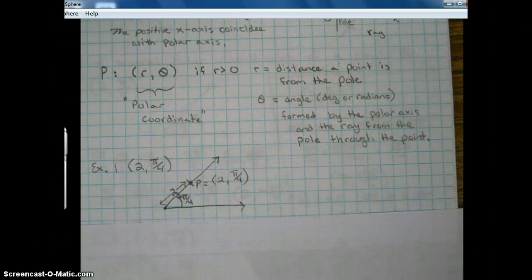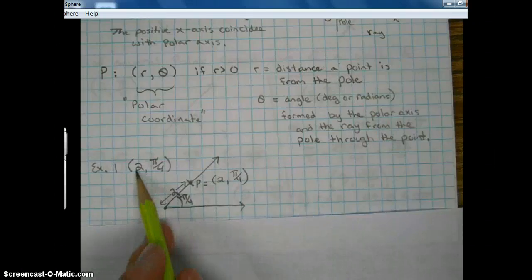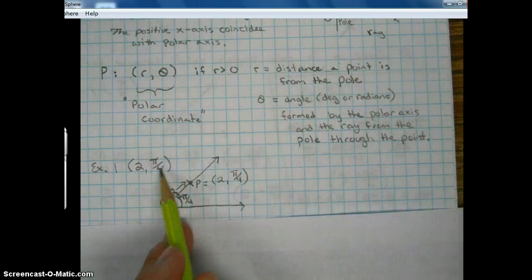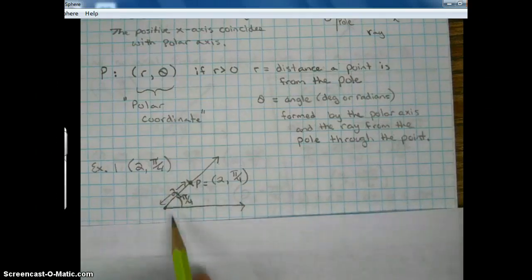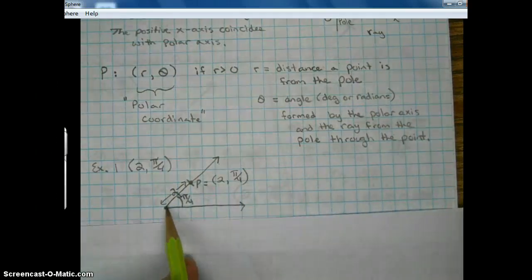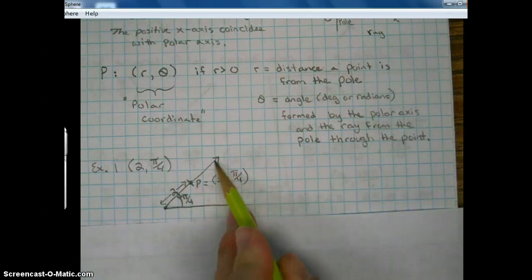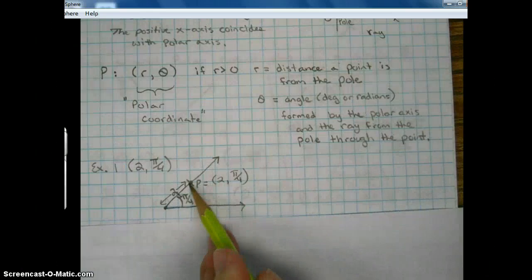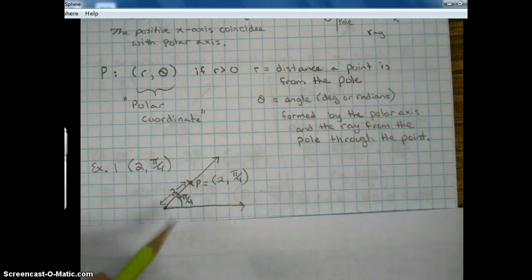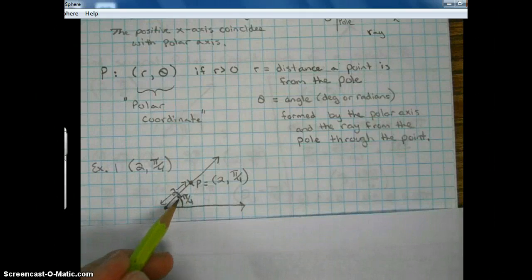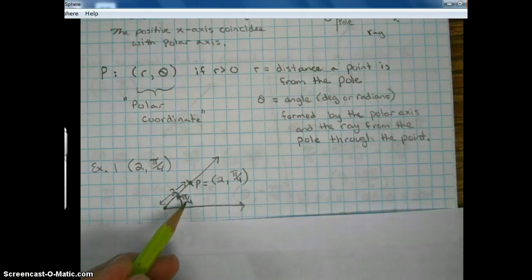So here's an example. We have a distance of 2 units and an angle of pi over 4. So here's our pole, here's our polar axis, and here is our ray with the point on it. Notice the angle from the polar axis to the ray is pi over 4.